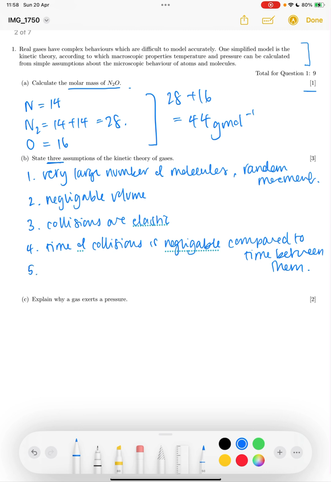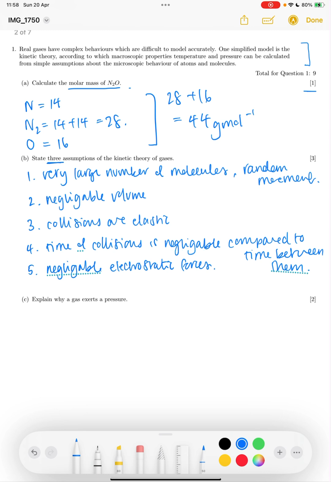Final bit, we can say that there are negligible electrostatic forces. So these are all things that we think about when we're making the kinetic theory of gases. This is stuff that we have assumed between them.